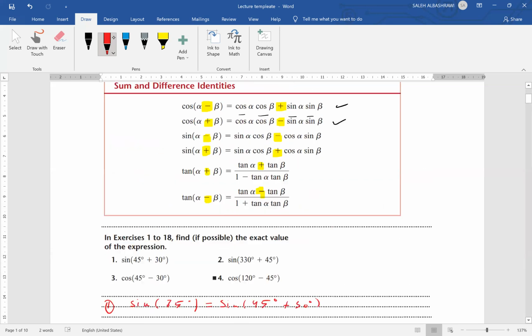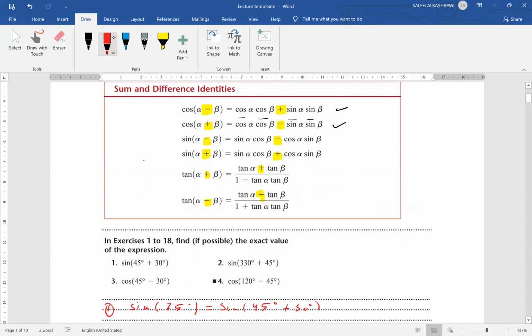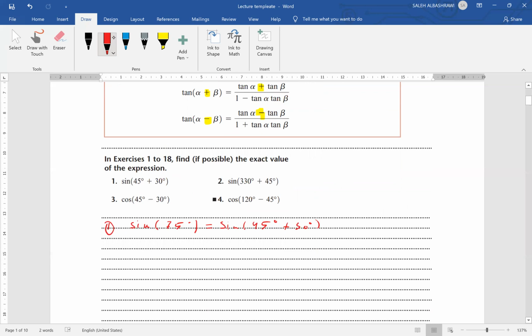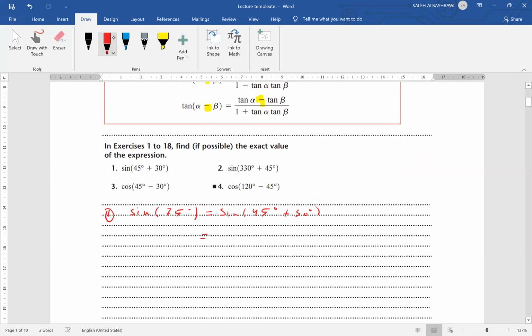We go back to the first one. Sine alpha plus beta equals sine alpha cosine beta plus cosine alpha sine beta. So this is equal to sine 45 multiplied by cosine 30.